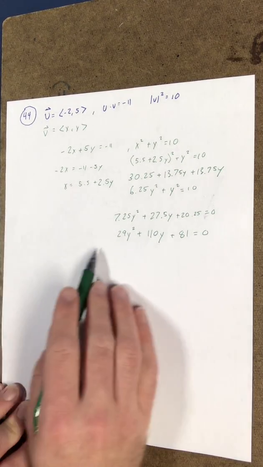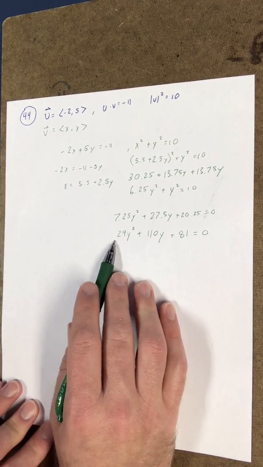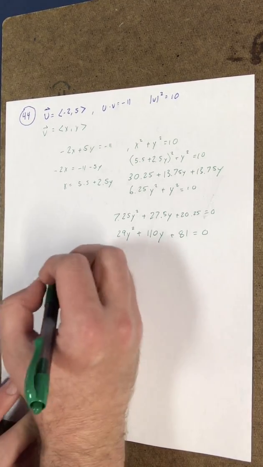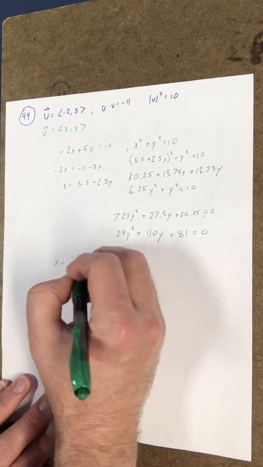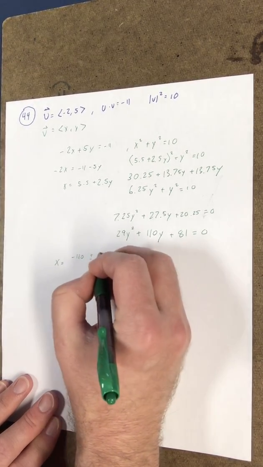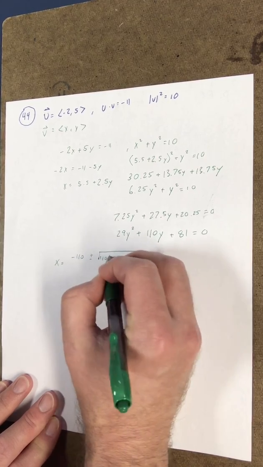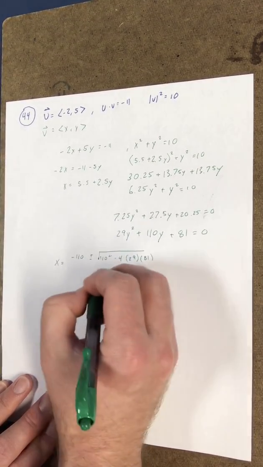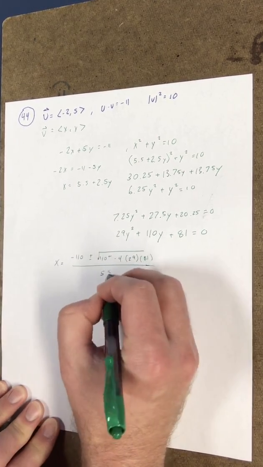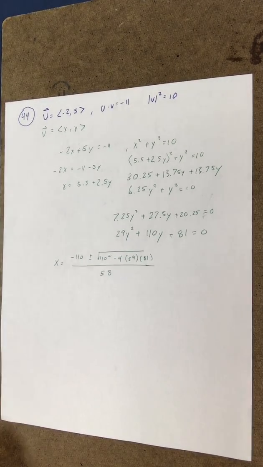One option you could do is plug this into y equals and find out what the intersection is. I'm just going to do it algebraically. y equals negative 110 plus or minus the square root of 110 squared minus 4 times 29 times 81, all over 58. I'm just going to type this into the calculator.